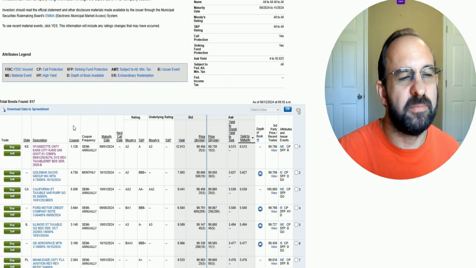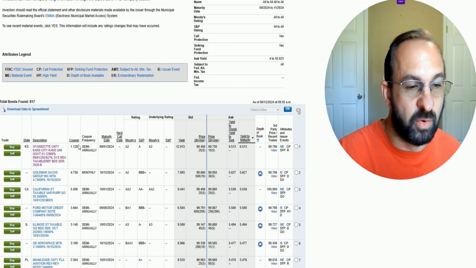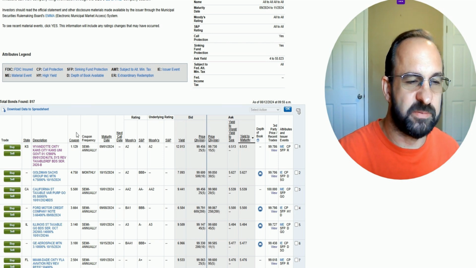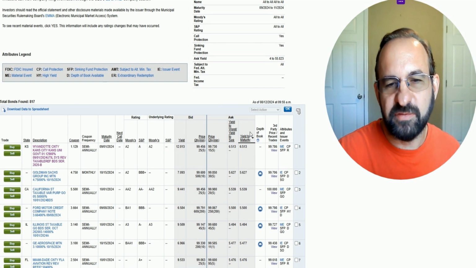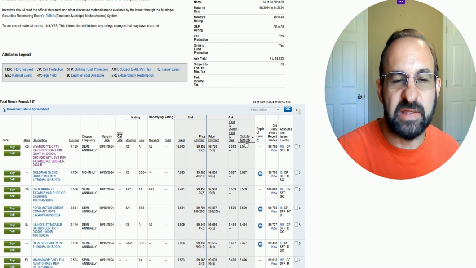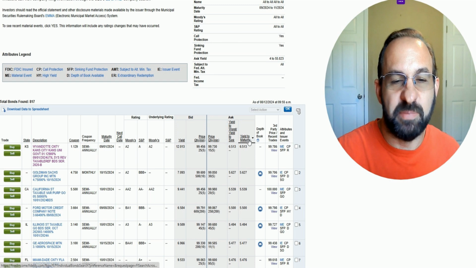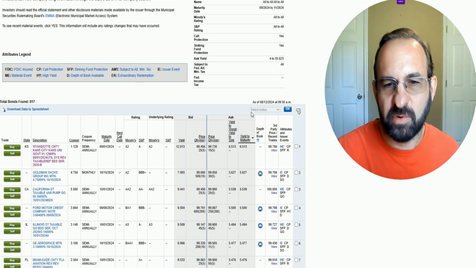With my muni bonds, I want to focus on this coupon yield, more importantly than I will necessarily this overall yield, if I'm in a taxable account, because this is where I'm getting my tax break. The yield to maturity is the difference that you're paying for the price of this bond versus the original list date, because it's on the secondary market.